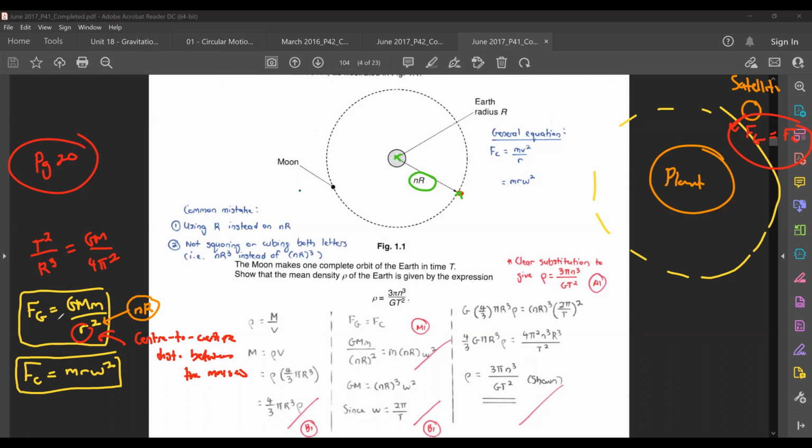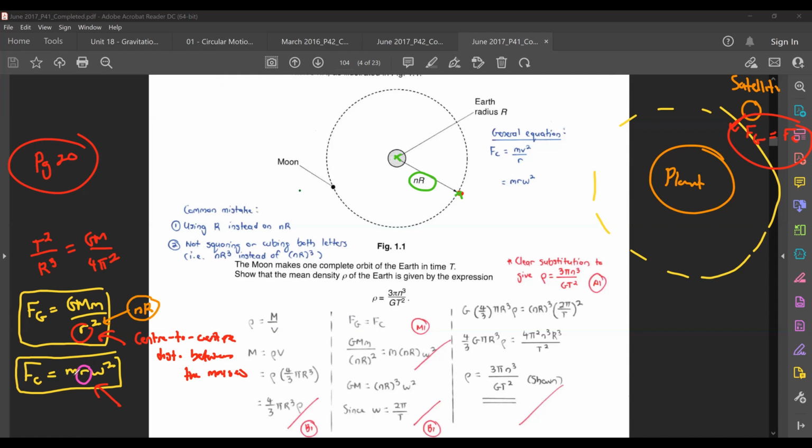Another thing that I should probably mention is also the Fc. Fc is m r omega squared. You see, R is somewhat radius also, right? For most of the time, it won't necessarily be the center to center distance between masses in one of the questions that you see.